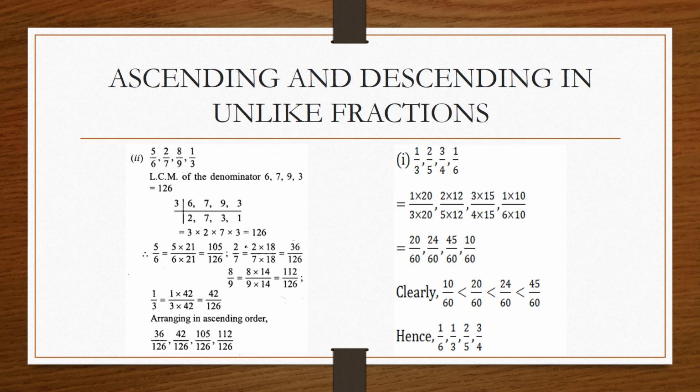Now according to the question you have to write. 10 by 60 is what? 1 by 6, which is lesser than 20 by 60, which is 1 by 3, which is lesser than 24 by 60, which is 2 by 5, which is lesser than 3 by 4, because 45 by 60 is 3 by 4. So you have to write the answer according to the question.